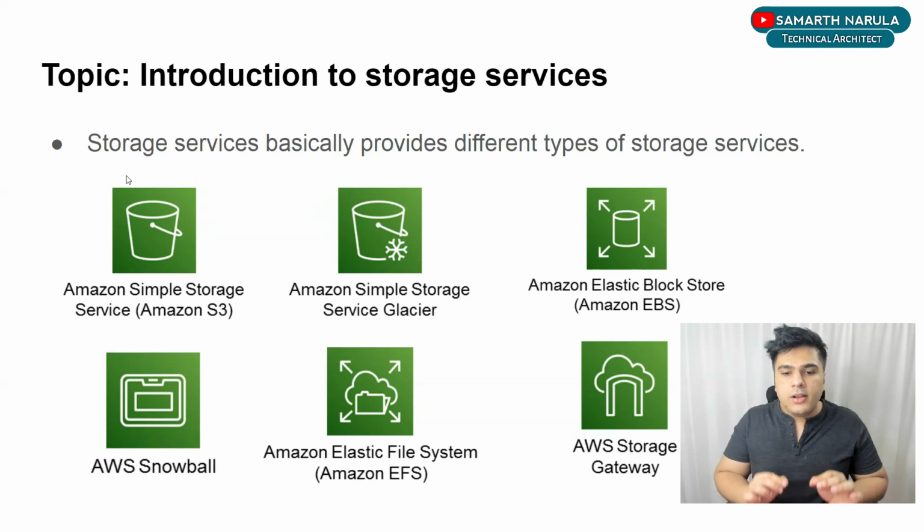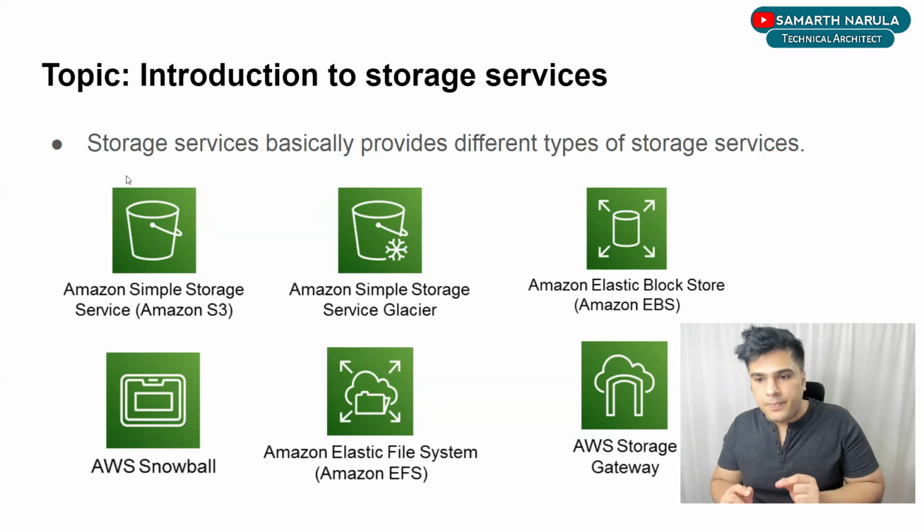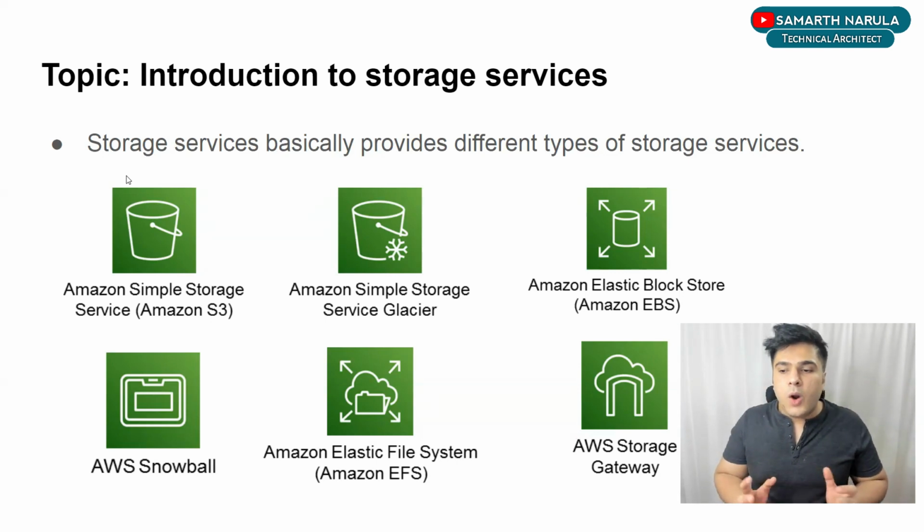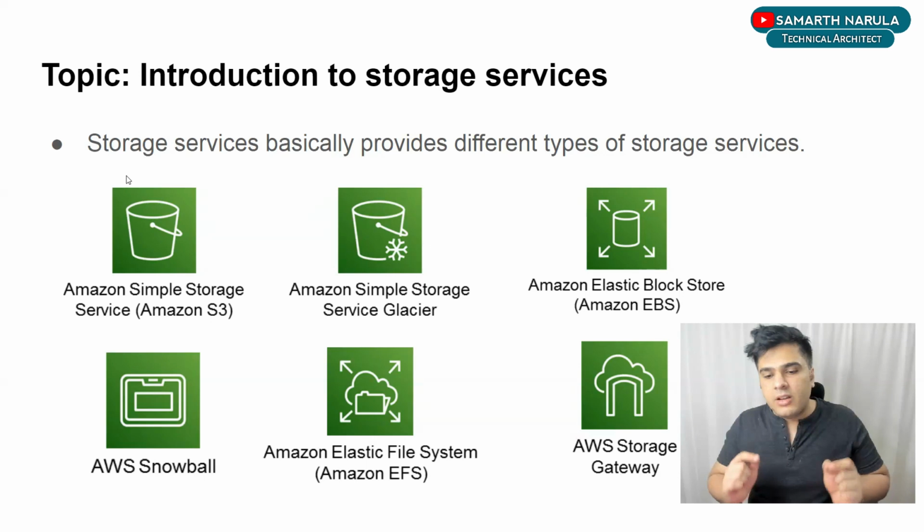Next is Amazon Elastic File System. If you want a network storage: you have seen EBS, Elastic Block Store, which is similar to a hard disk in your laptop, right? Now, what if you want a hard disk that will be common across all your laptops? On cloud, you want a storage that you can access from all the servers. In that case, you can store these files in an Elastic File System.